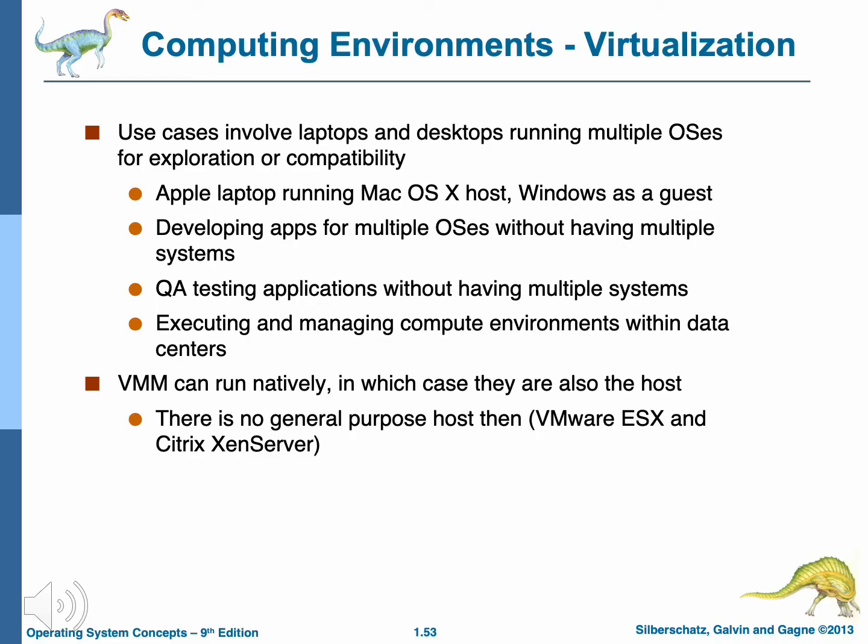For example, an Apple laptop running Mac OS X on the x86 CPU can run a Windows guest to allow execution of Windows applications. Companies writing software for multiple operating systems can use virtualization to run all of those operating systems on a single physical server for development, testing, and debugging.